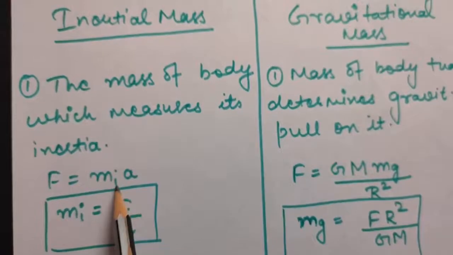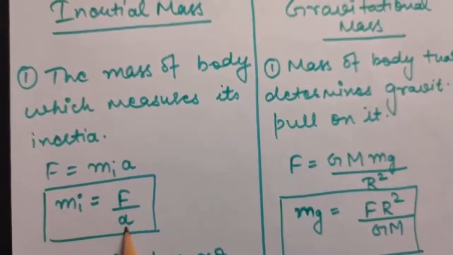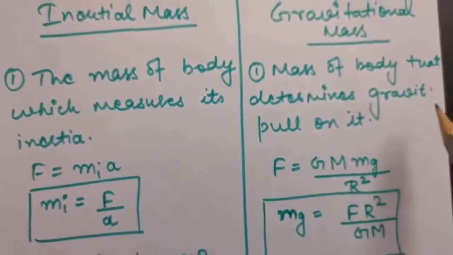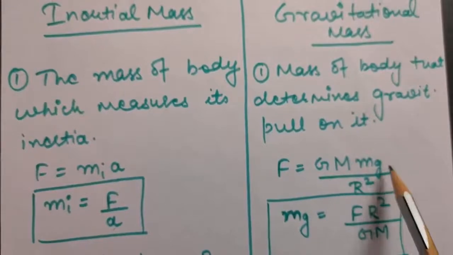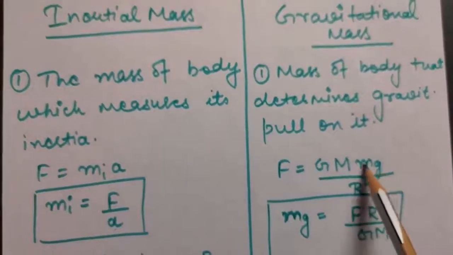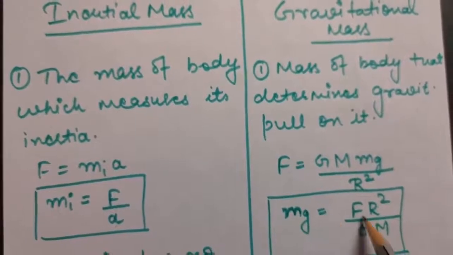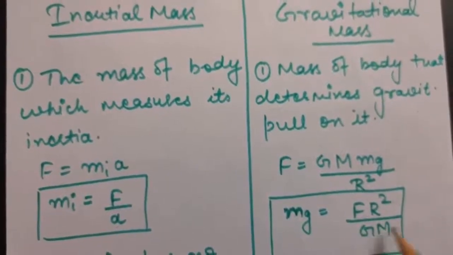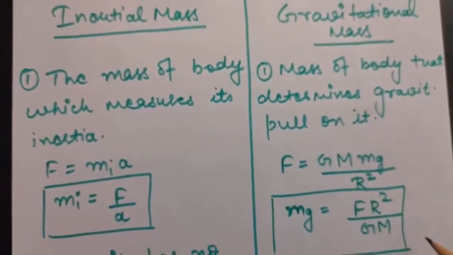Mi represents inertial mass. So inertial mass is equal to force per unit acceleration. Similarly, to calculate gravitational mass, we will use F is equal to G Mg m upon r square. So Mg is gravitational mass. From here, gravitational mass will be equal to F r square upon G M. And as you know, G M upon r square is nothing but g. So it can also be written as F by g.